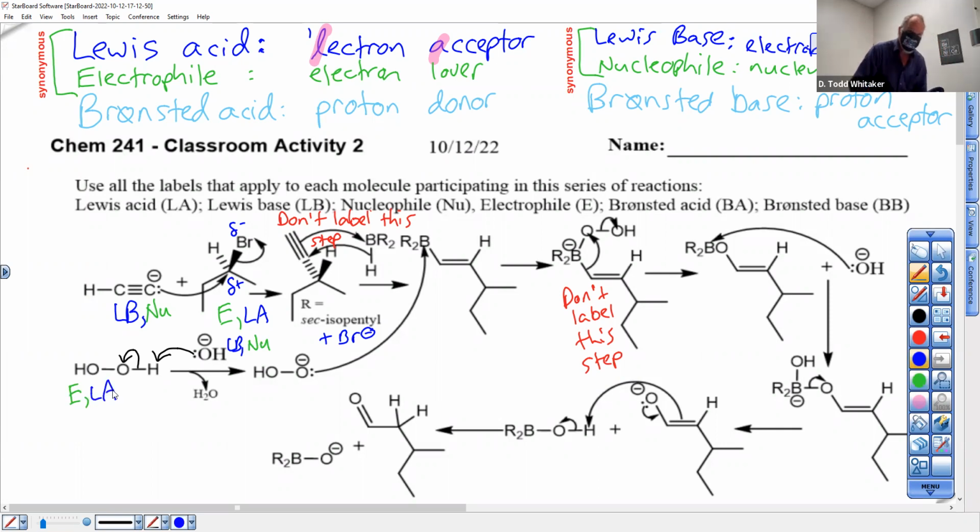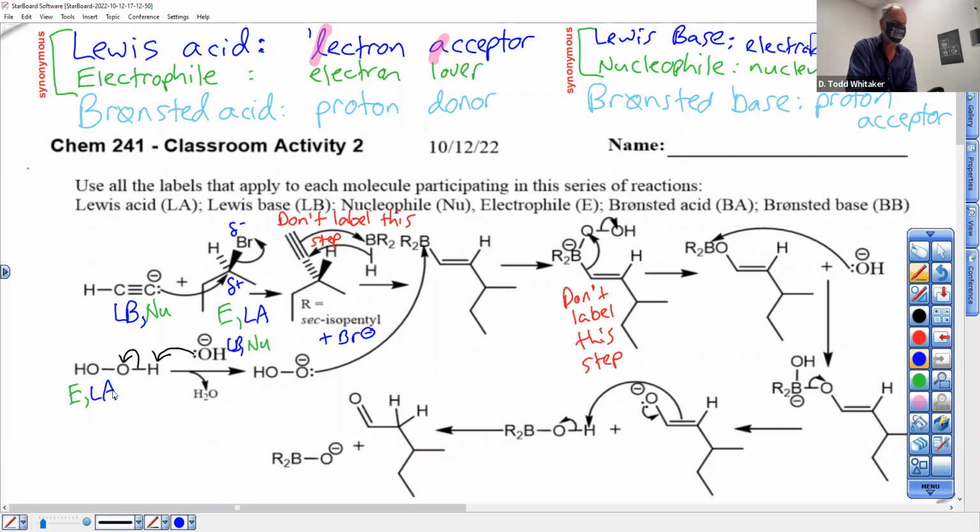What atom's being attacked by hydroxide? Hydrogen. But it's really attacked because it feels positive, right? What do you call the hydrogen that feels positive? Proton. How do you label reactions where protons are involved? What's the magic name? Bronsted.